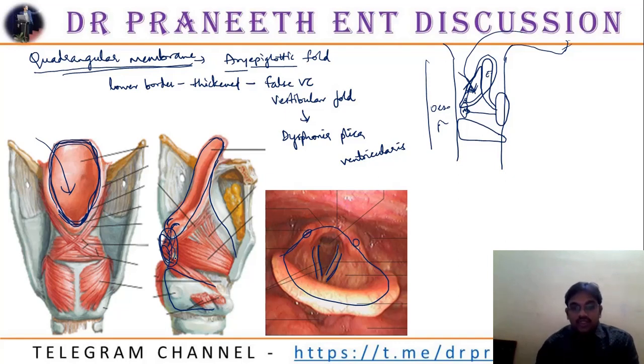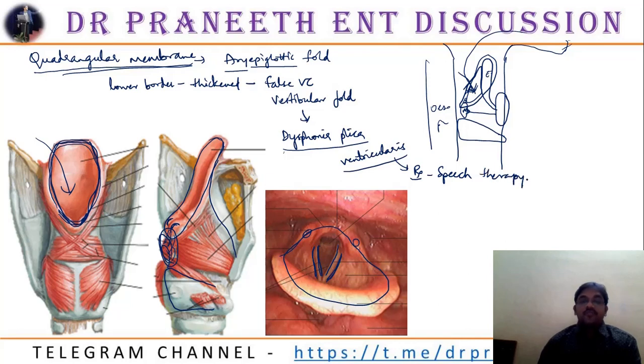But instead of the true vocal cord, if the false vocal cord is coming and vibrating and medializing each other, and they are producing the voice, that condition is called dysphonia plica ventricularis, abnormal speech production. The treatment for this condition will be to give speech therapy.